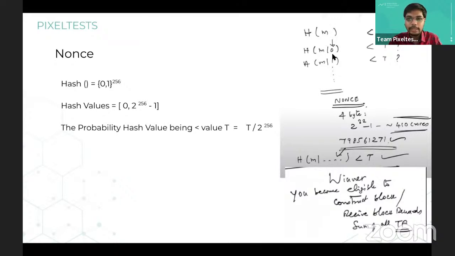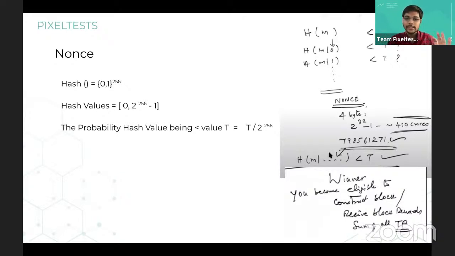When a person is making a lot of attempts, he numbers each attempt. At one particular attempt, his value will be less than the threshold value. That is when we will know that this person is the winner and he gets the authority to create the block, right?